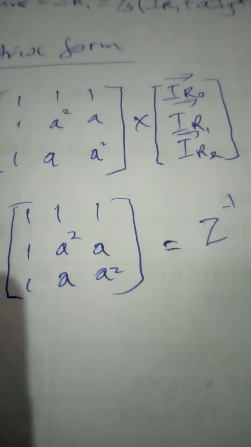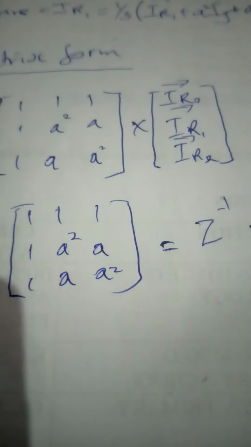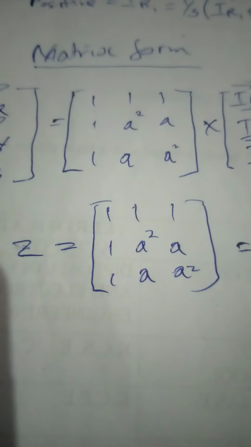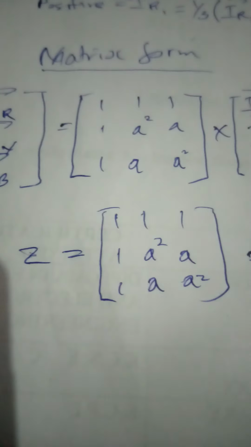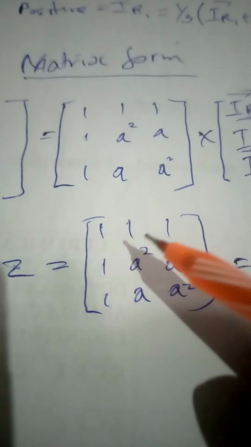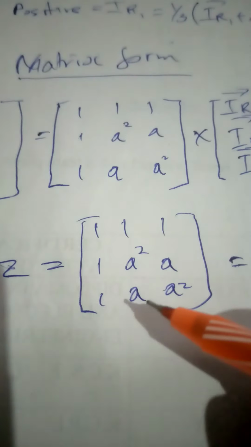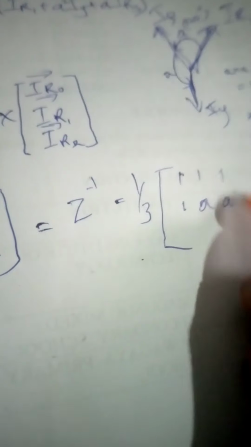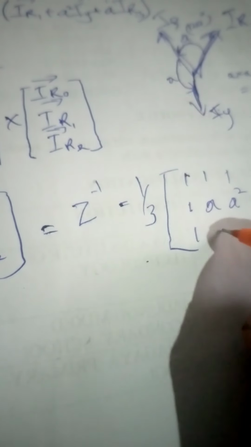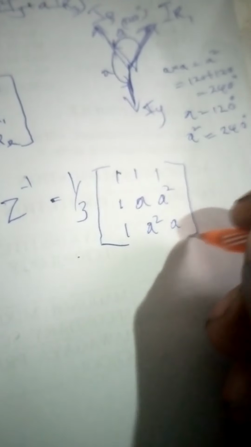We have 1 1 1 1, row become our column. So we start with 1 1, row become our column 1 1 1. We are going to have A squared 1 A squared A. We are going to have one like that.